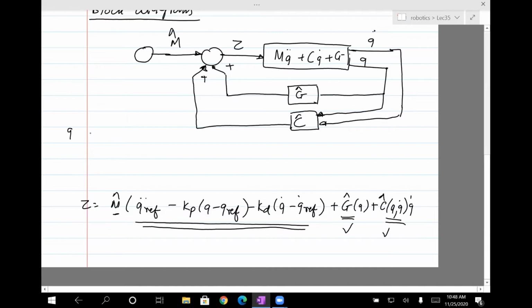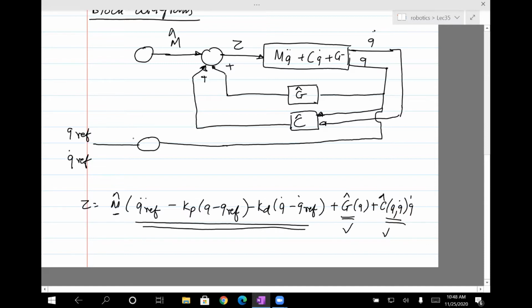q ref, q dot ref, actually, and yeah, q dot and q ref. And let's see what's happening is I need to do q minus q ref. So I need to take q, which is here, and then I need to take q ref, and then I need to subtract one from the other.